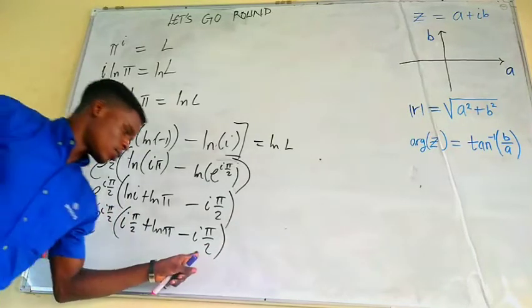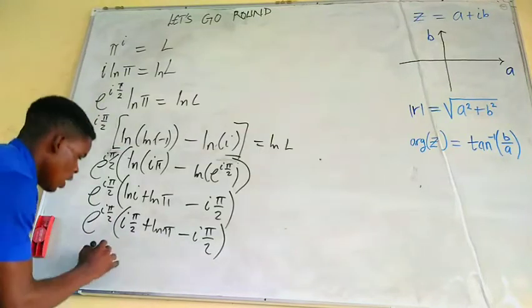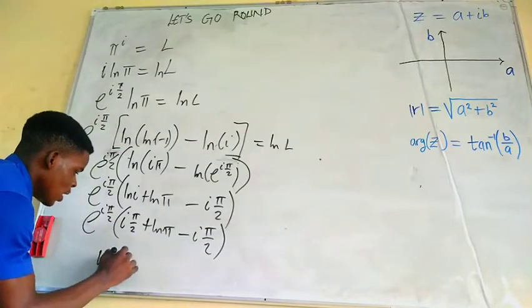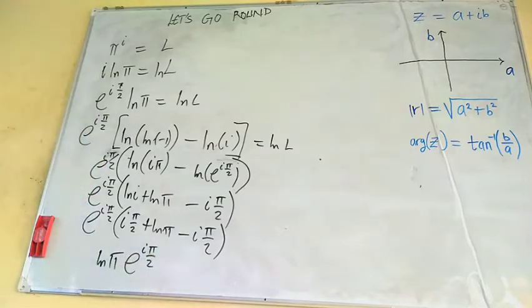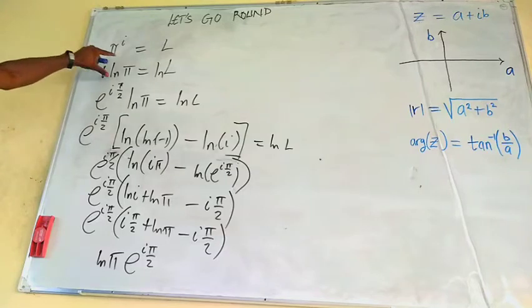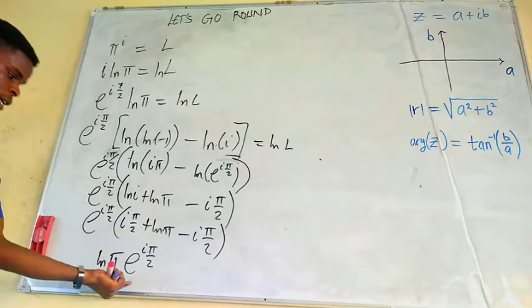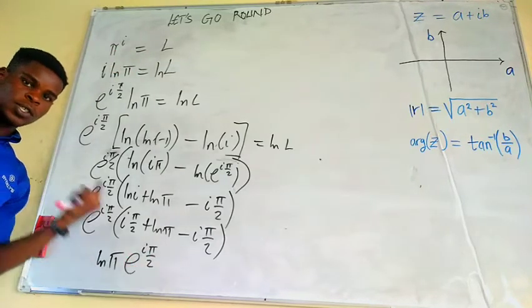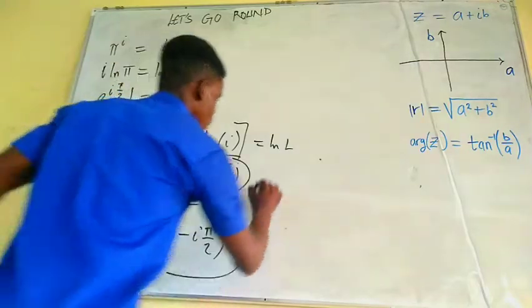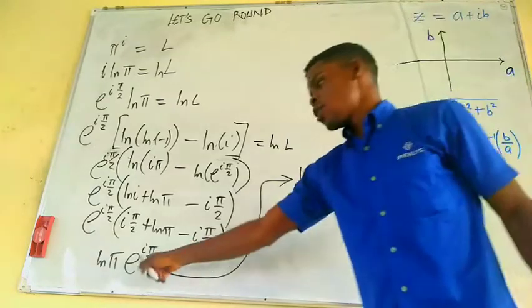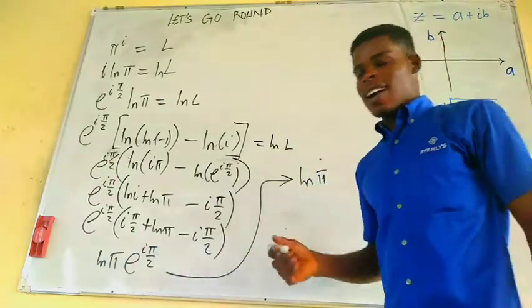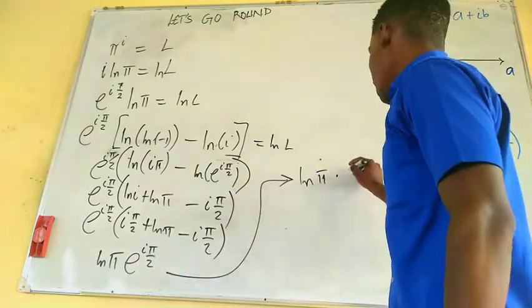Well, this and this gets to 0, and we're just left with ln pi times e to the i pi over 2. Well, this is i ln pi, where e to the i pi over 2 is equal to i, so we're going to have ln pi times e to the i pi over 2 is something I said i, so we just have the times i.